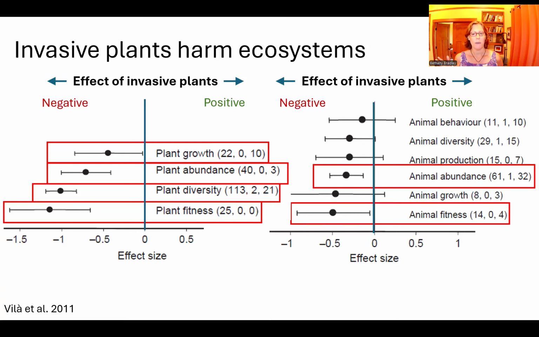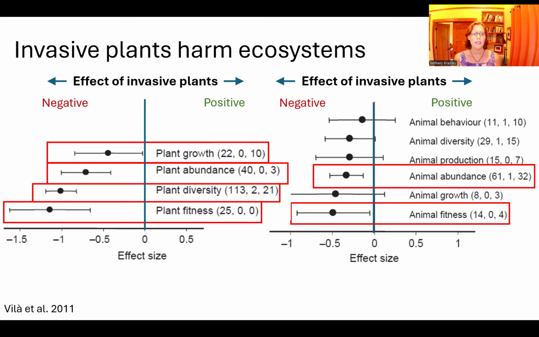Maybe there was some past disturbance, or maybe the soils are different. But if you combine dozens or hundreds of individual studies in a meta-analysis framework, then we have a lot more confidence that all of these individual studies are collectively showing a consistent pattern of invasive plant impact.